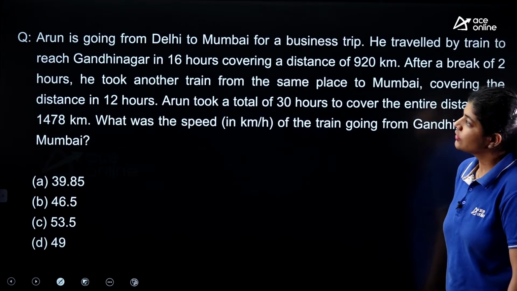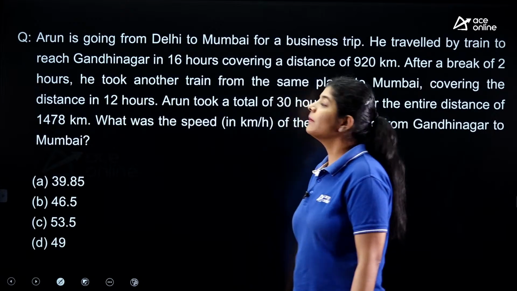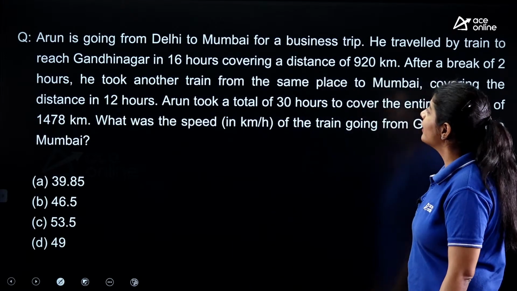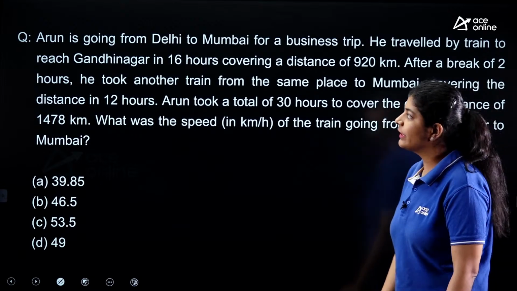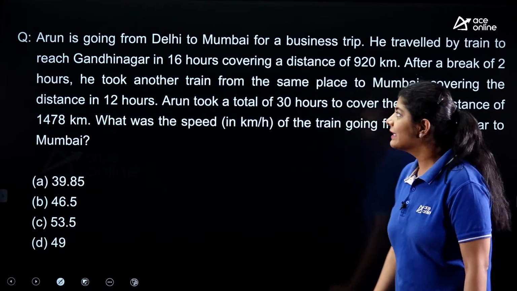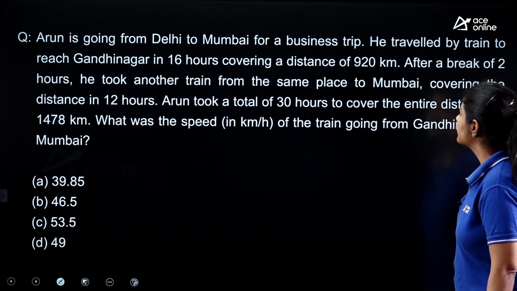Next. The next question says that Arun is going from Delhi to Mumbai for a business trip. He travelled by train to reach Gandhinagar in 16 hours, covering a distance of 920 kilometers.